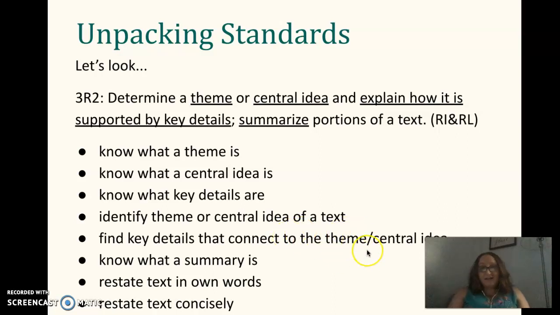Not even worry about connecting it to the theme or central idea. You know what I mean? So sometimes they can be unpacked even further. You want to push to unpack it as much as you possibly can that makes the best sense, because you don't know. You're planning for imaginary students, so you want to make sure you're unpacking the standards fully.